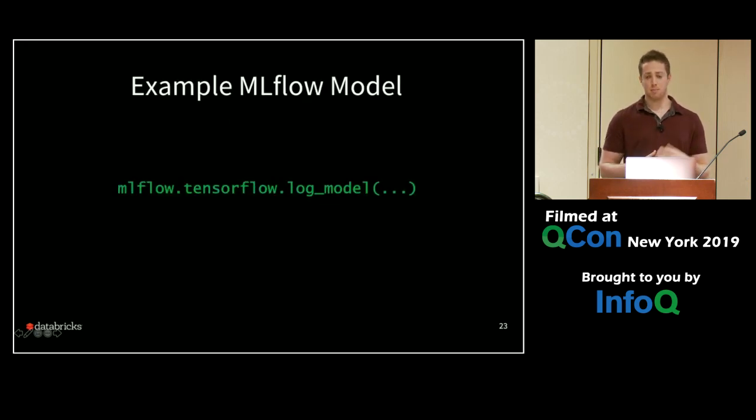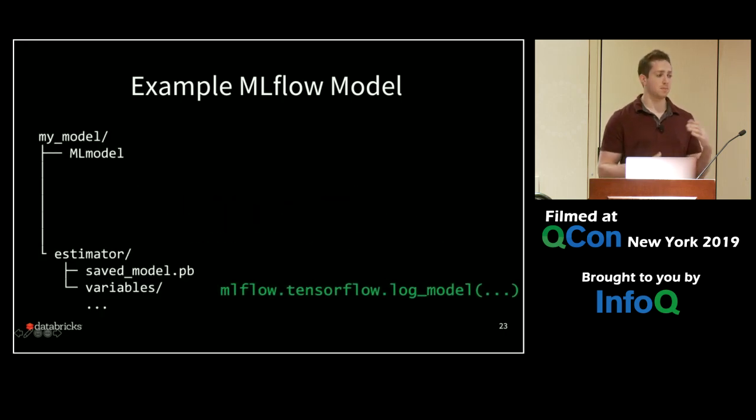So let's take a look at an example MLflow model that could be produced using the convenience utility mlflow.tensorflow.log_model. By calling this function, we obtain a directory structure, similar in nature to a project. At the top layer, we have the ML model configuration file. We also have, in this case, a serialized TensorFlow estimator containing a graph and a collection of variables.